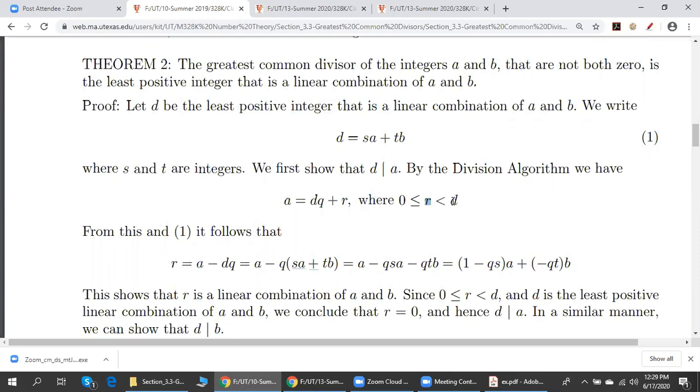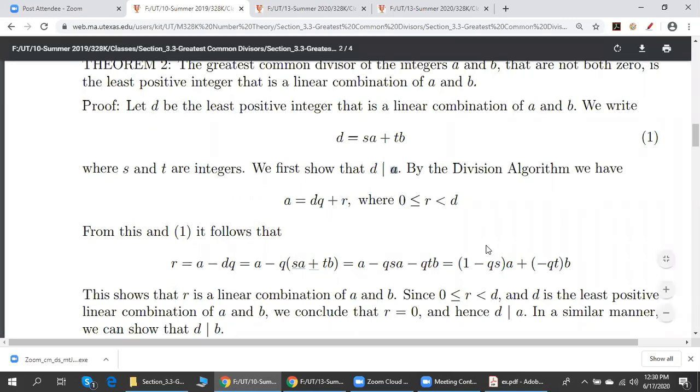R is lesser than D. Therefore, there is no escape. R should be equal to 0. Since R is equal to 0, D divides A. In the same manner, we prove that D divides B.